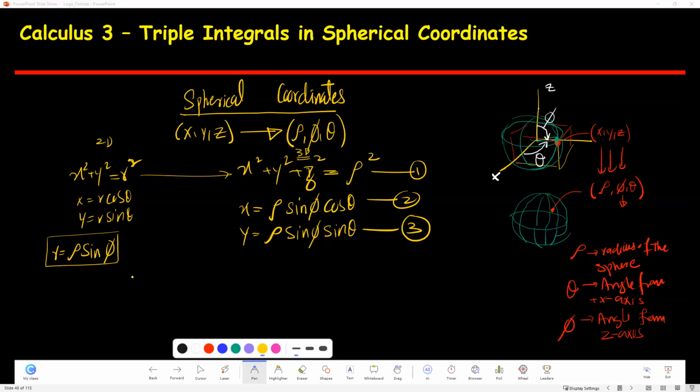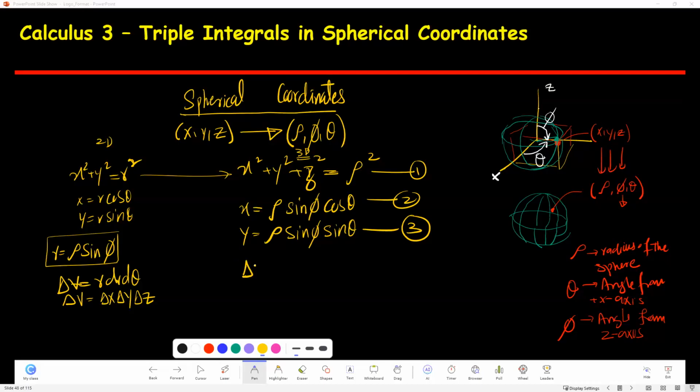Another thing we learned in spherical coordinates is that we used to write delta V equals r dr d theta, or delta V equals delta x, delta y, delta z.